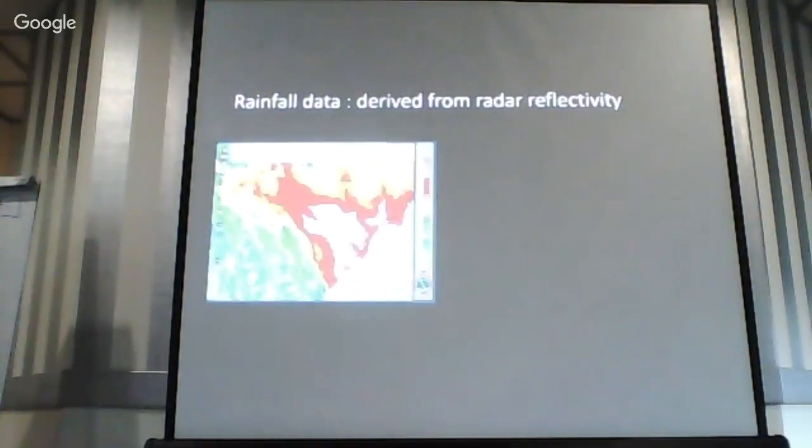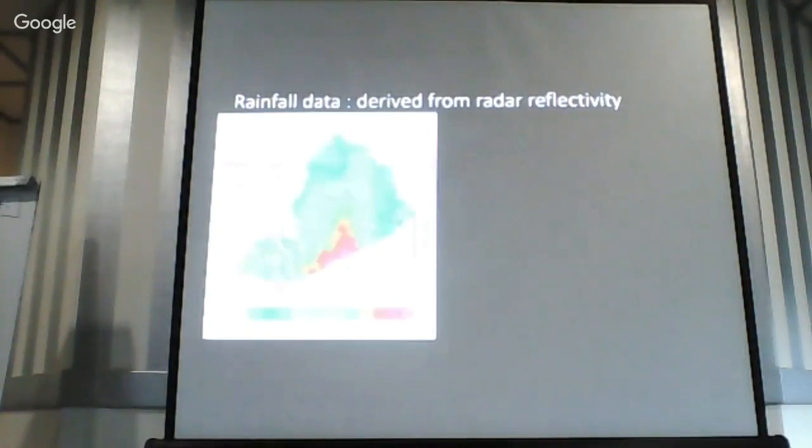So the input, we all know the rainfall data is the key driving factor to drive a hydrological model. So for this simulation, we use the radar reflectivity derived precipitation rate data. Here is accumulated precipitation using this data type.